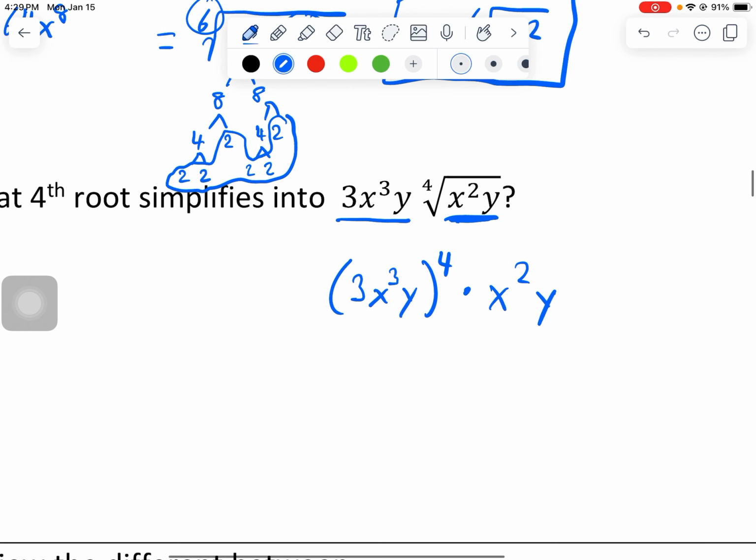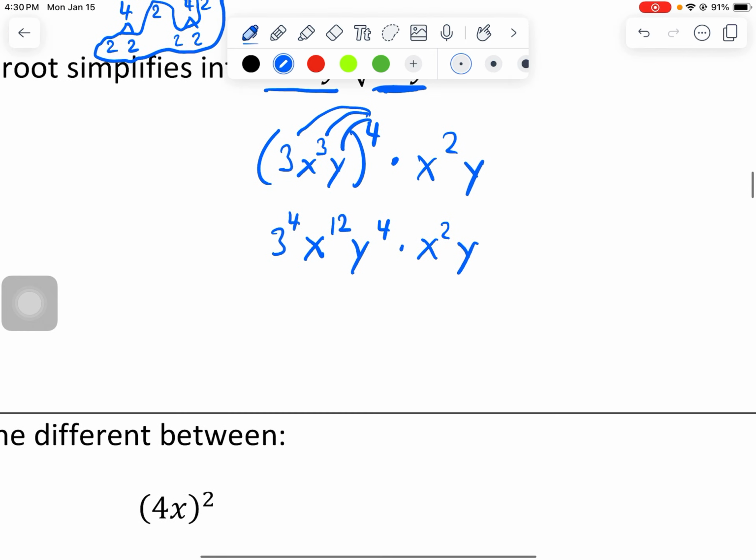So if you recall, we have to make sure to take the 4th power, and it's going to affect every term here. So it's going to be 3 to the 4th power. Power to a power is multiplying, so x to the 12th, and then y to the 4th. Then I'm going to multiply that with x squared times y. 3 to the 4th is 3 times itself 3 times. That's just going to be 81. Then we're going to combine our x to the 12th times x squared, which would give us x to the 14th, because you'd add the exponents.